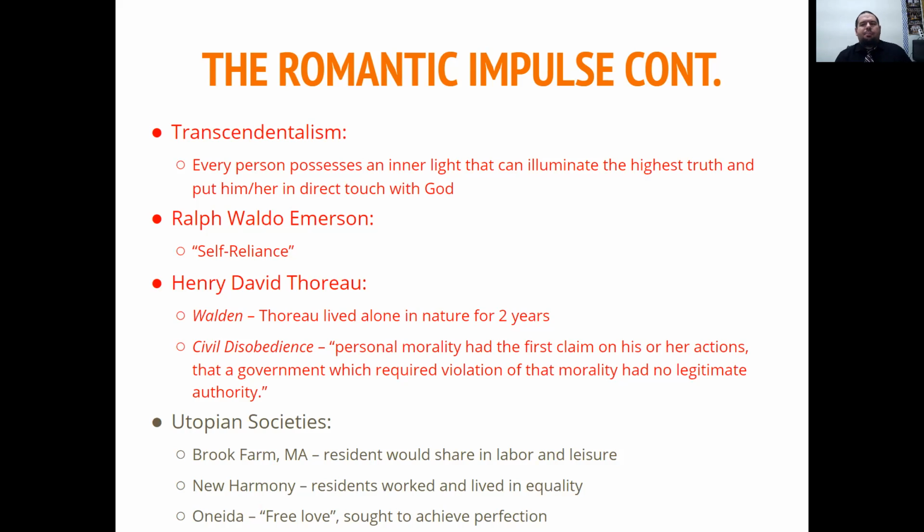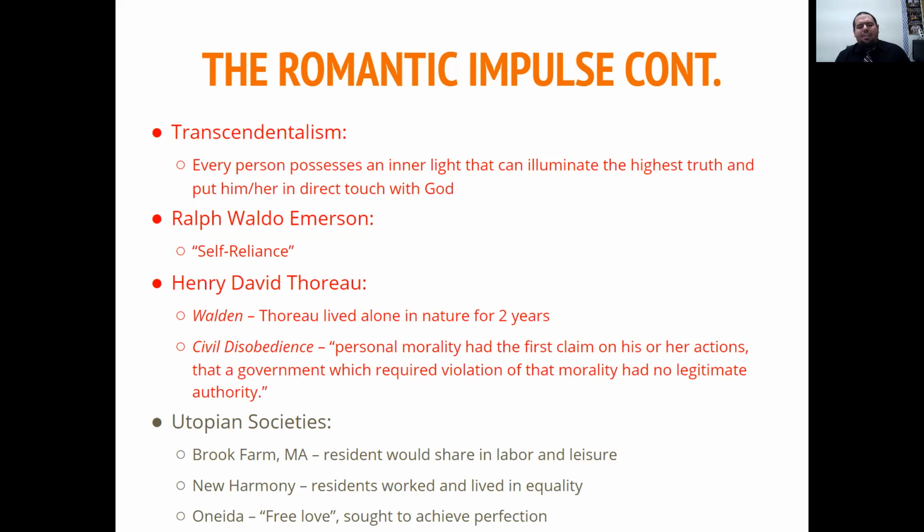These people are trying to solve the problems that were created by the Industrial Revolution. They're trying to create perfect societies where there will be no problems, no people going on strike for higher wages and better working conditions. They will just live in peace and harmony, sharing everything, okay?